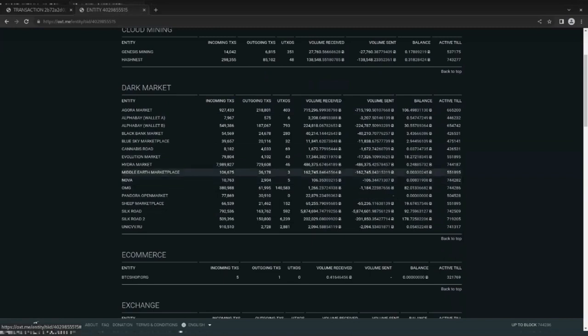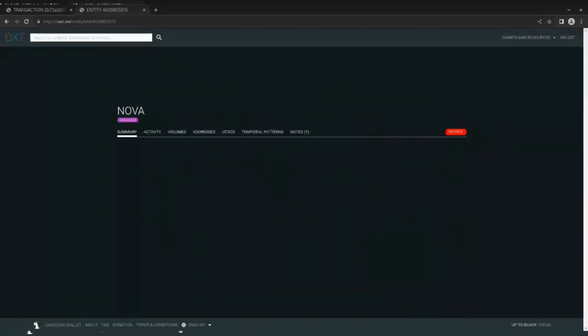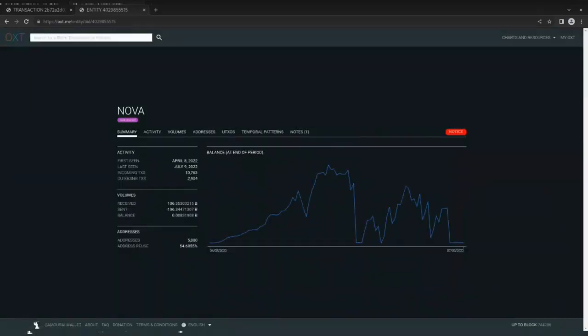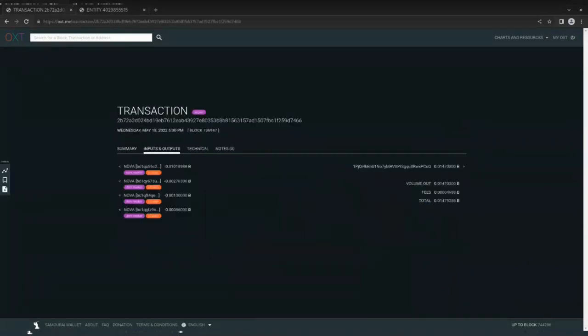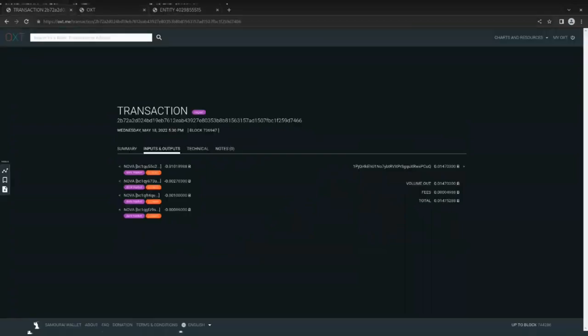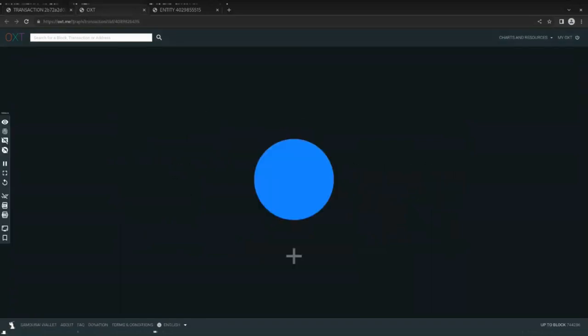So in this case, I had gone to Nova and I had basically picked a random transaction ID and then began exploring the graph from here. And so what you can see is on the left side of this screen from the transaction page, there's a display the transaction graph visualizer, which just opened up the visualizer here.